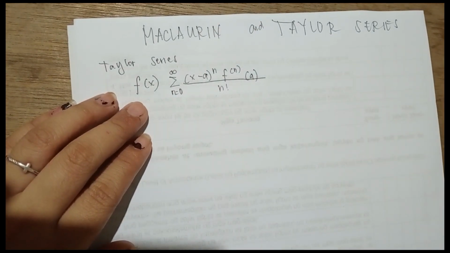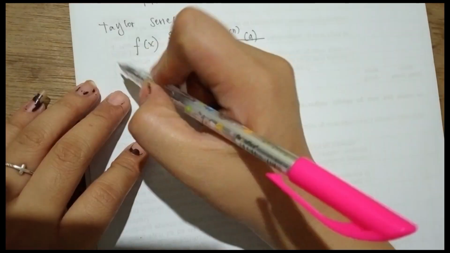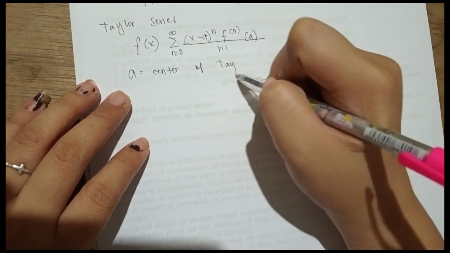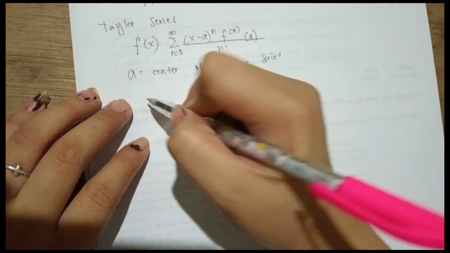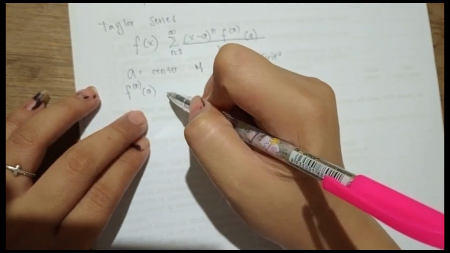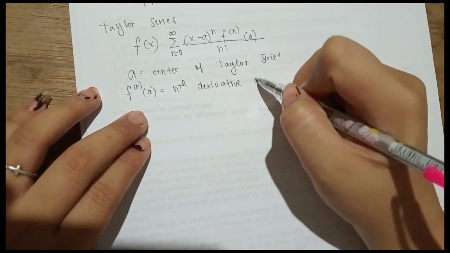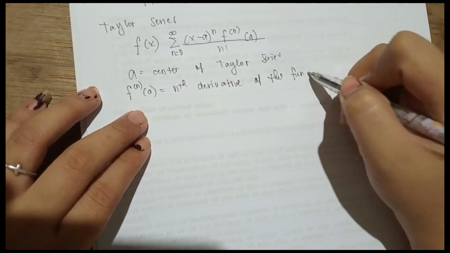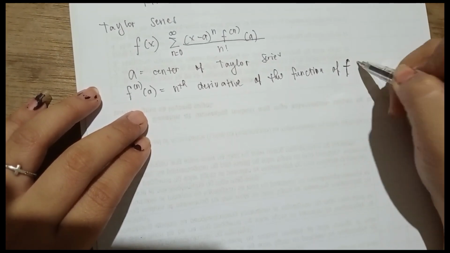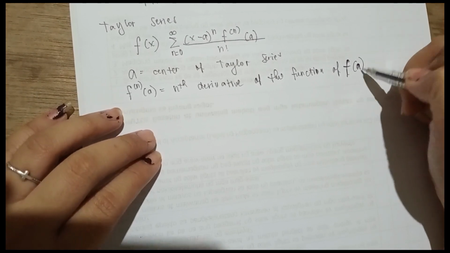So ito yung function of Taylor series, wherein our a here is what we call the center of Taylor series. And then our f^(n)(a) is what we call the nth derivative of the function f, wherein the value of x is equal to a.